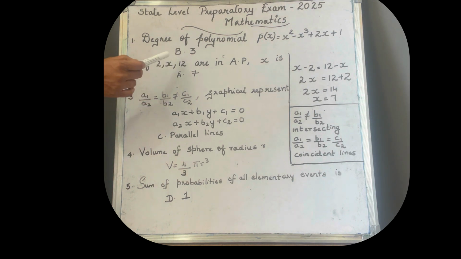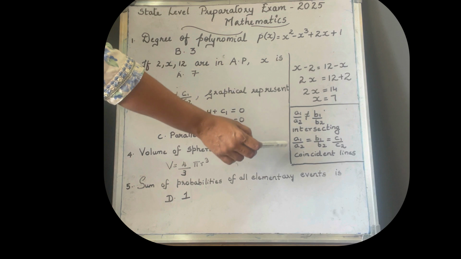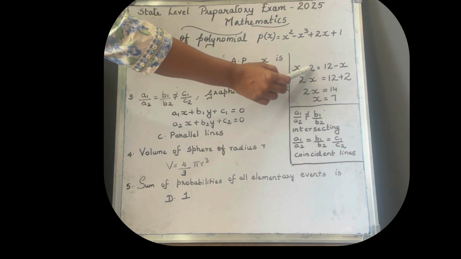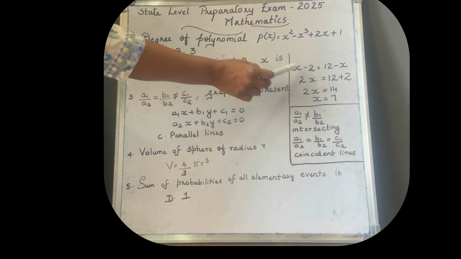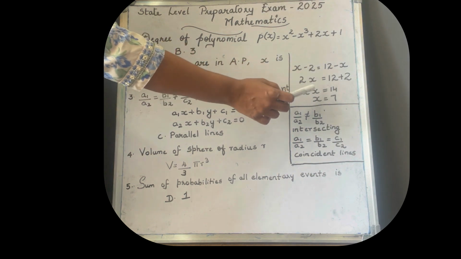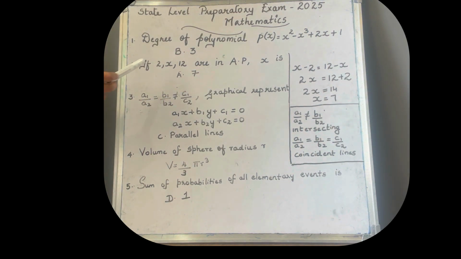That means the difference between the second term and the first term should be equal to the difference between the third term and the second term. So here in the working column, x minus 2 equal to 12 minus x. On transposing, we get x is equal to 7. So the answer is option A, 7.